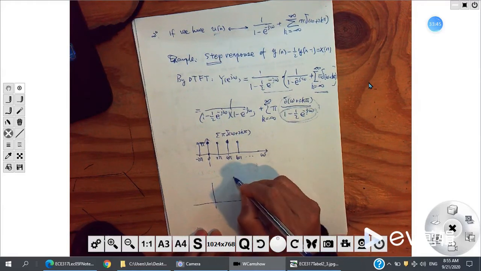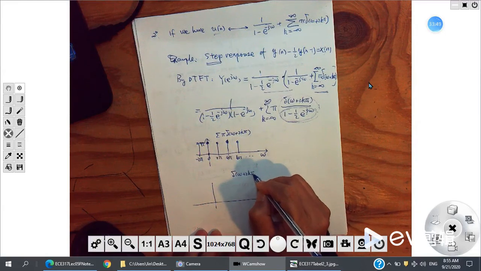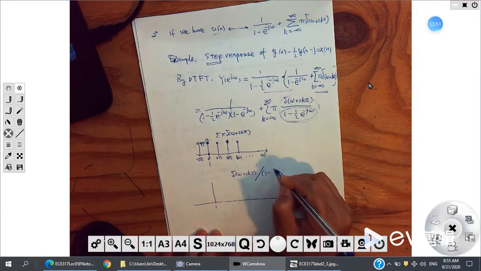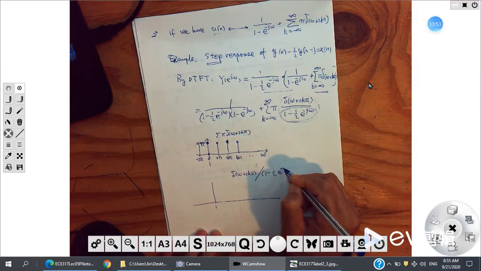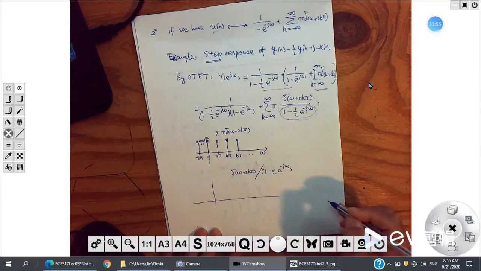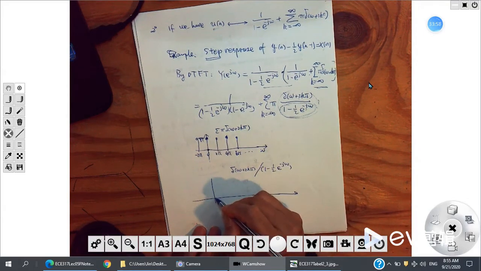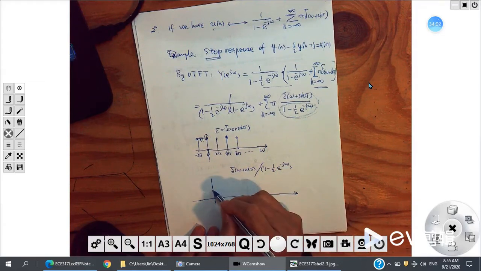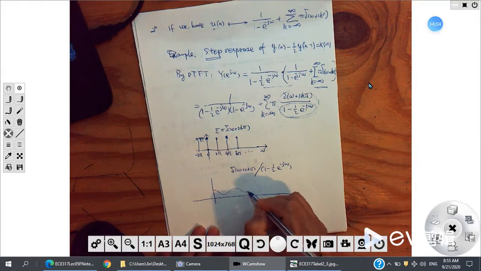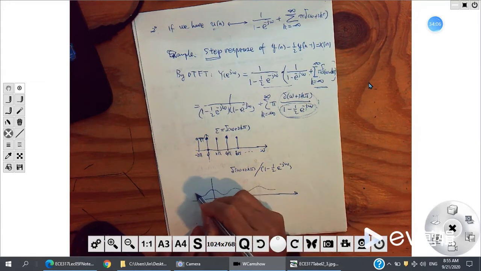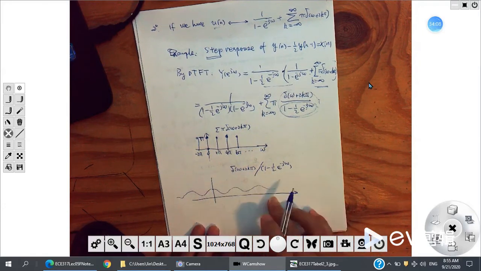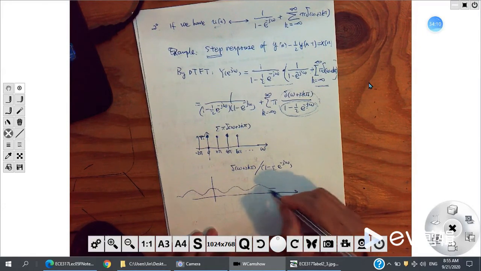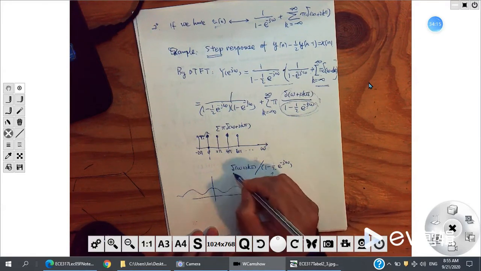This is delta of omega plus 2k pi over 1 minus 1/2 e to the negative j omega. I don't know exactly what it looks like, I just illustrate something. This is this one.